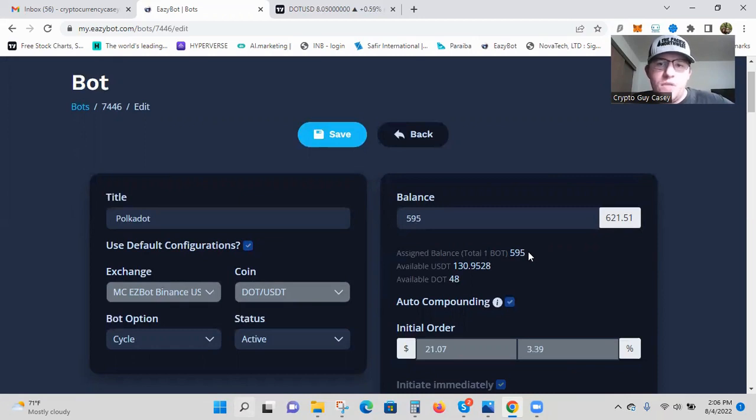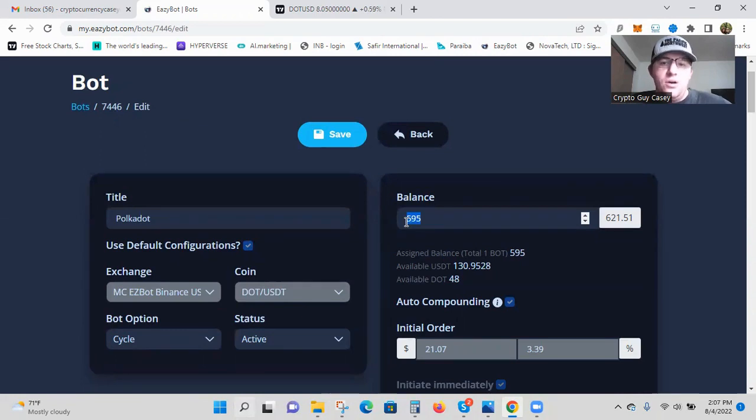With another 102, we got 697. Okay, so it's as easy as this. You just readjust this from the original 595 to add on whatever that total is.